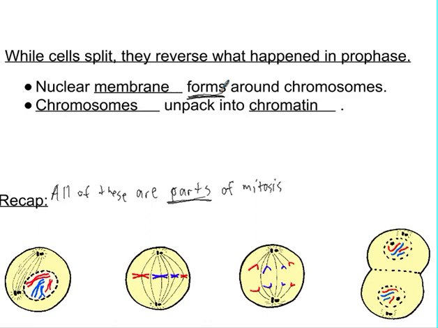So let's recap this. What's the first phase? Prophase. And what are the two things that happen in prophase? The nuclear membrane disappears and chromatin packs into chromosomes.